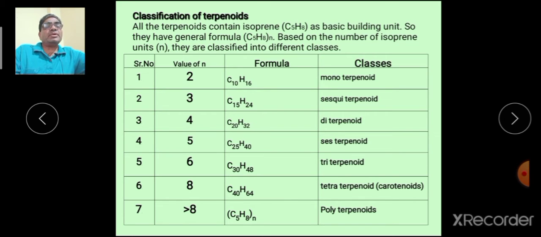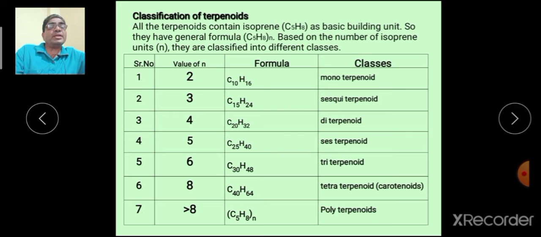When n equals 5, then the formula becomes C25H40, and the class is known as sesterterpenoids. When the isoprene units are 6, then the formula becomes C30H48, and the class is called triterpenoids.